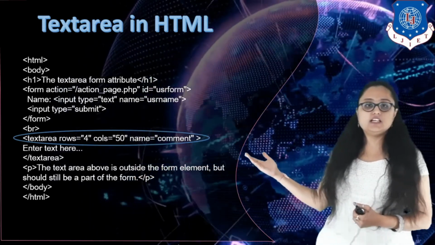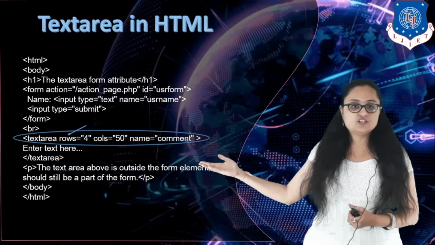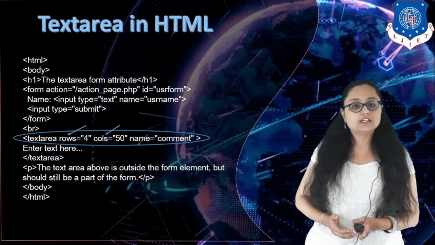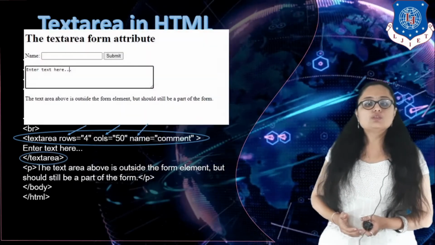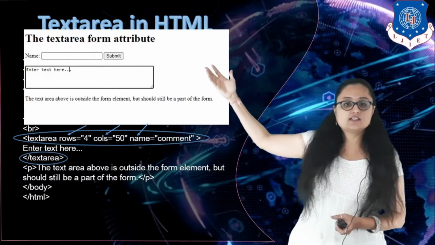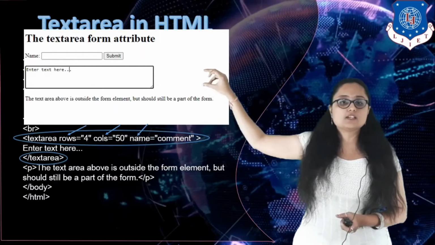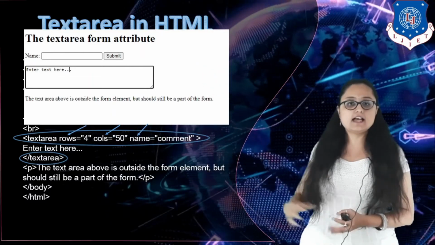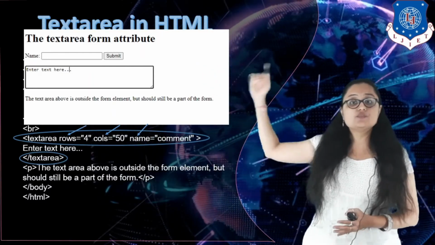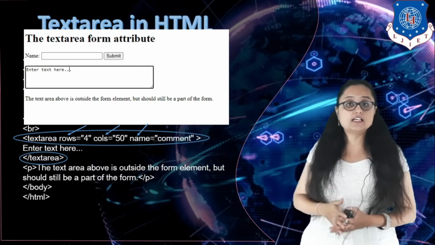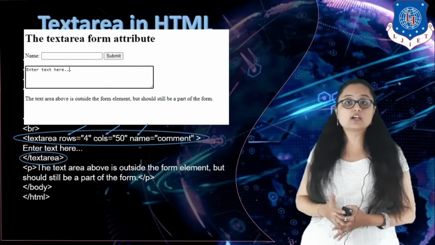Inside the text area, I have written enter text here, and text area I have completed, right? So here you can see that this is 4 rows and 50 columns. So this middle portion where you can see enter text here is the actual text area. That is different from the text box that you can see beside your name.